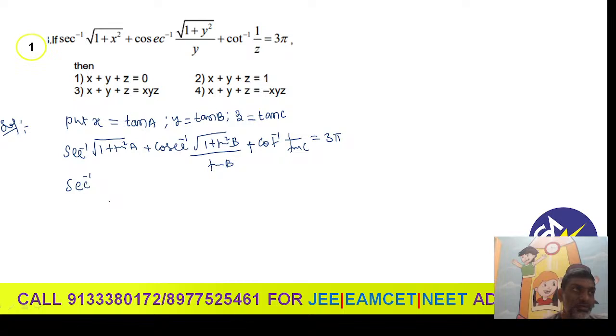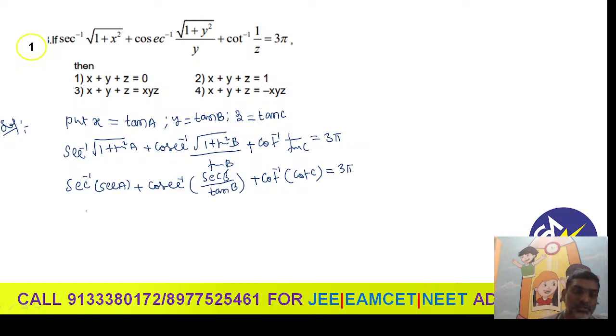Secant inverse of, what is 1 plus tan square a? Secant square a. So secant inverse of secant a is this, plus cosecant inverse of under root of 1 plus tan square b, that is secant b, whole divided by tan b, plus cot inverse of 1 by tan c. What is 1 by tan c? It's cot c, equal to 3 pi.